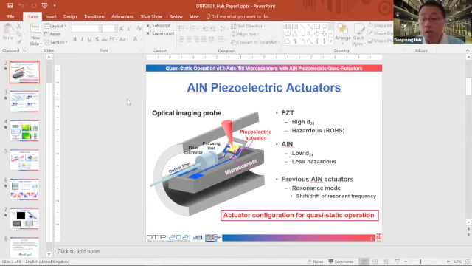I see a question from Andreas Voigt. Yeah, I have a question. I wanted to know if the relation of the deflection angle and the applied voltage is linear, or if in the final fabricated device you have to calibrate somehow this relationship between deflection and voltage.